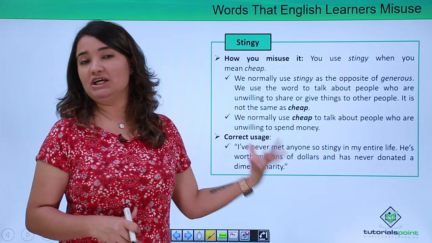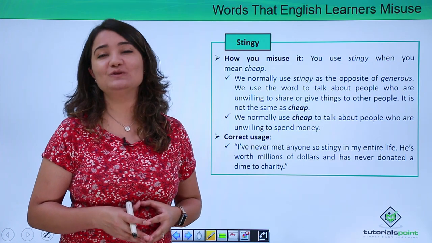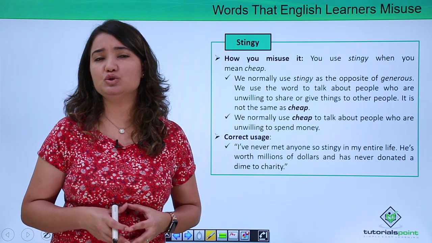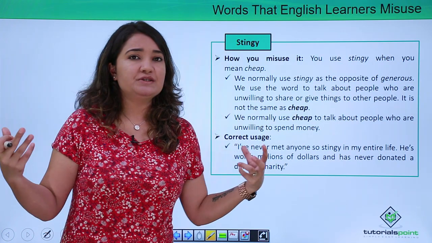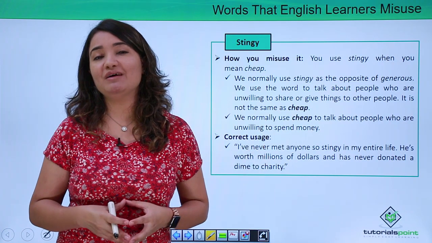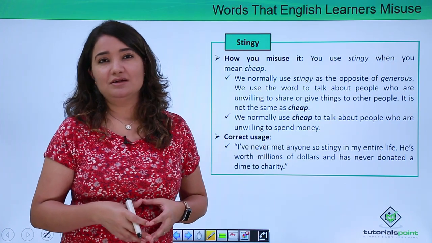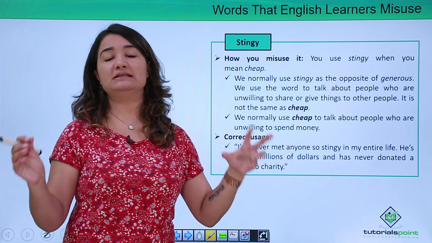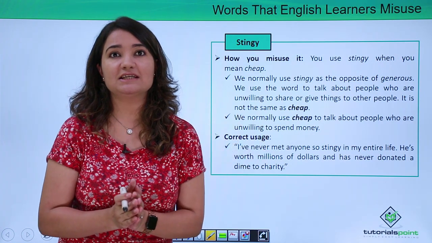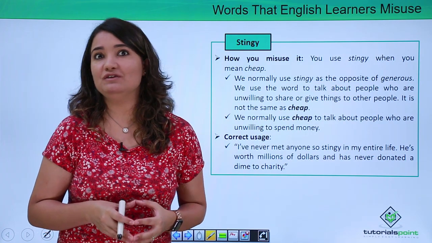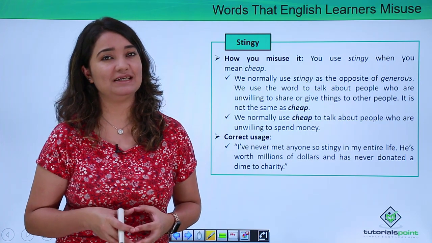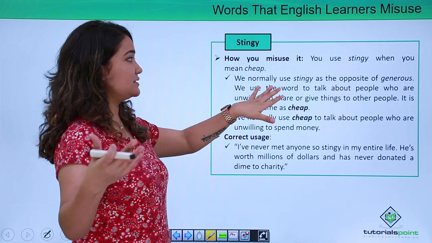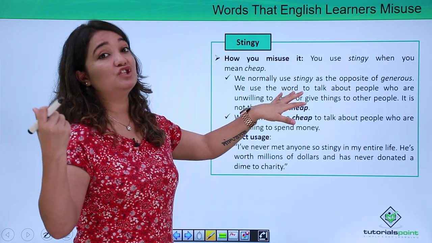Okay, stingy, again a very commonly used word. What do we usually assume stingy to be? Usually we think a person who is not at all willing to spend money on anything, a spendthrift, is what we refer to as stingy. Well, not really. Stingy is a person who is actually the opposite of generous, right?